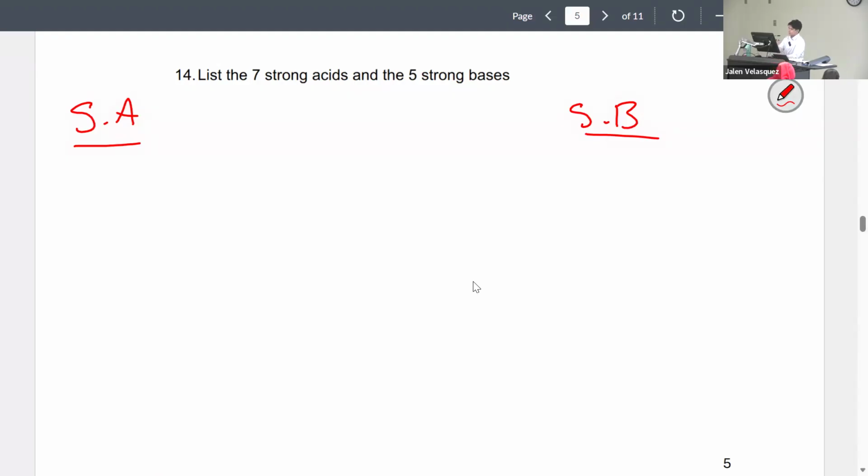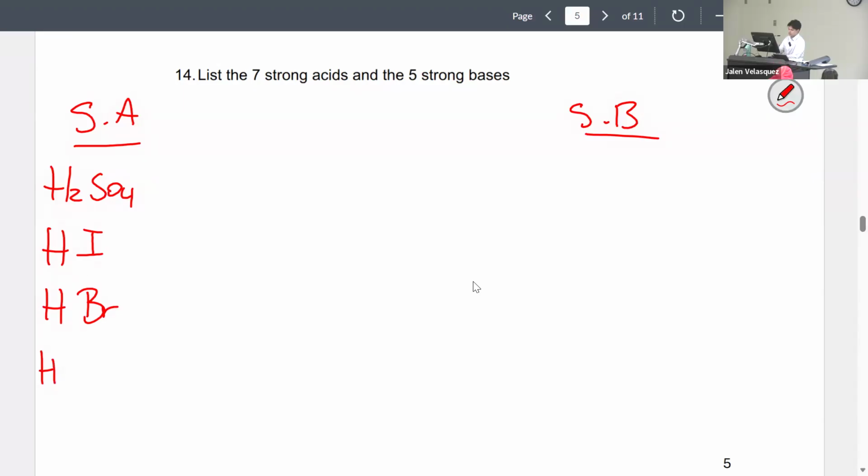So we have sulfuric acid, hydroiodic acid, that's supposed to be an I. Hydroiodic acid, hydrobromic acid.